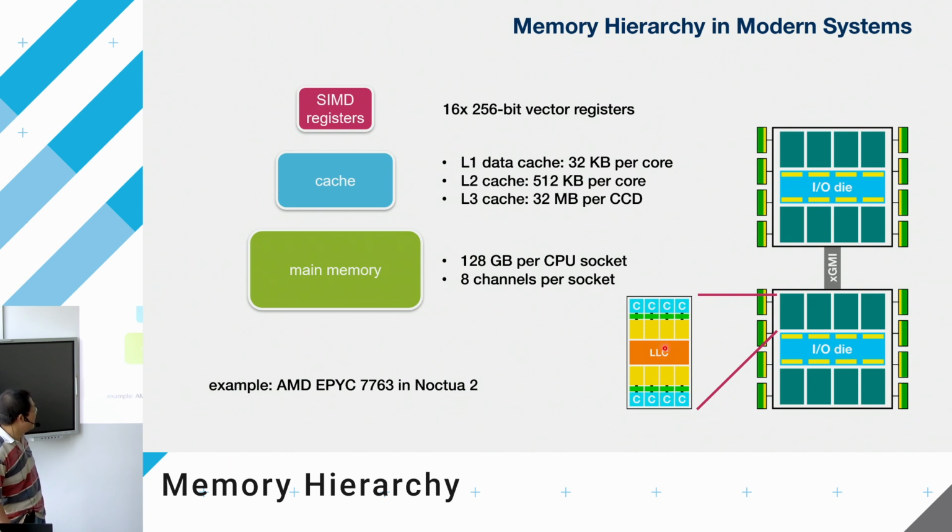And the L3 cache is shared by the CCD. Anyway, the cache is very fast. Then for the entire circuit, you have the memory channels to the main memory: 8 memory channels, each for one CCD. This is the hierarchy for the AMD CPU on Noctua 2.